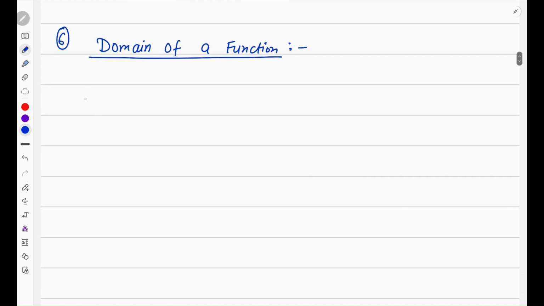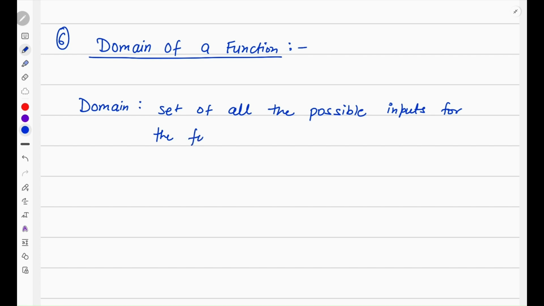So the domain basically is the set of all the possible inputs for the function. The set of all the values that a function can take as input is called the domain of the function.